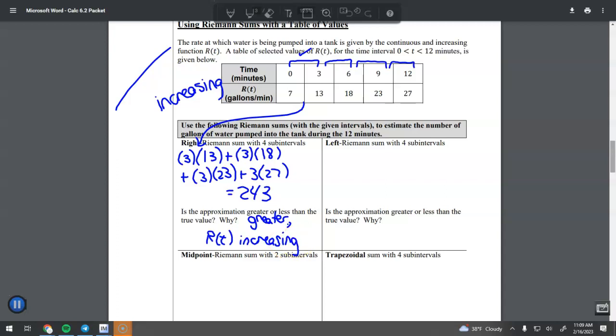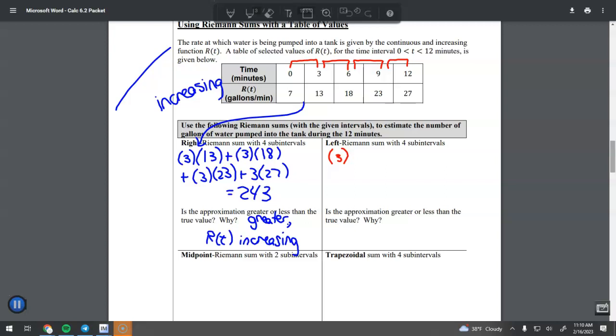So if I were to do the left-hand one, it's still 4 subintervals. There's 5 data points, so that splits into 4 rectangles. The base of my first rectangle is 3, and then I just look at the left-hand endpoint, which is 0, and use the height from there.